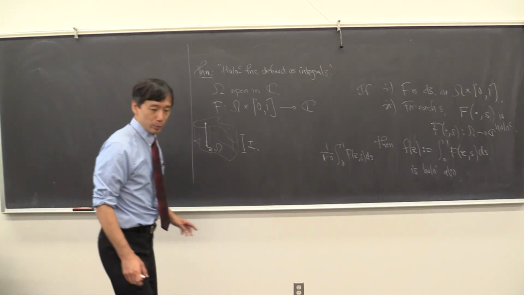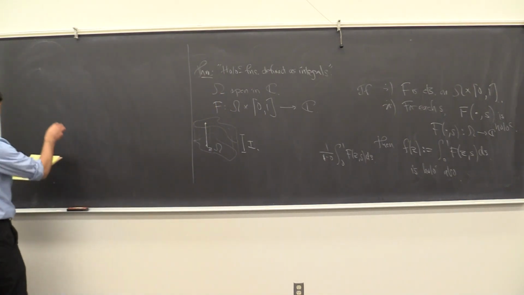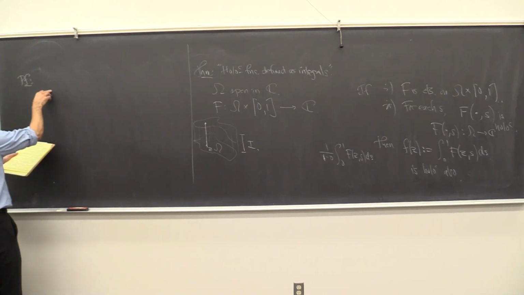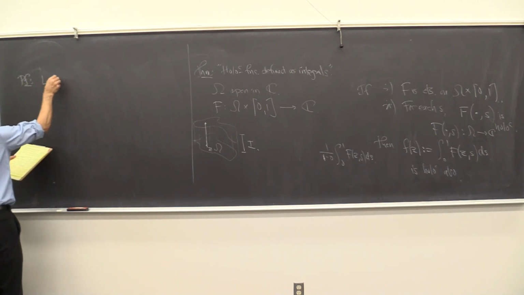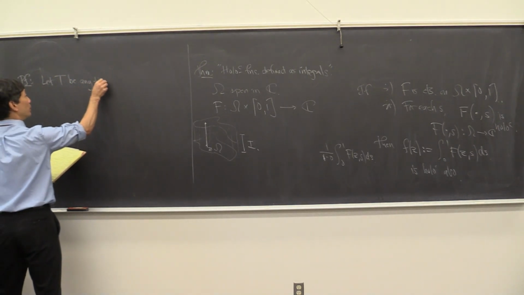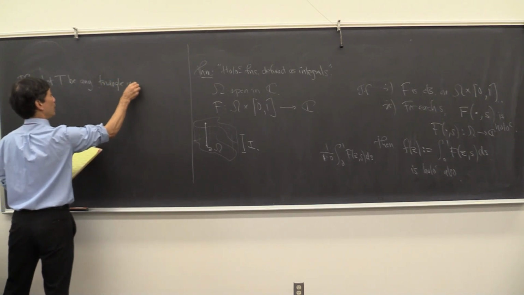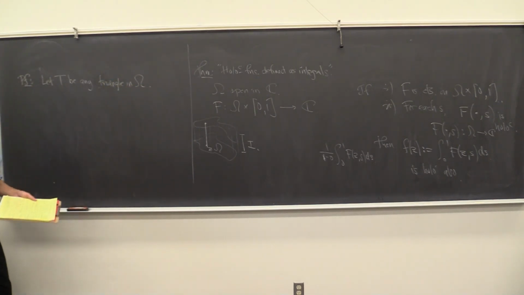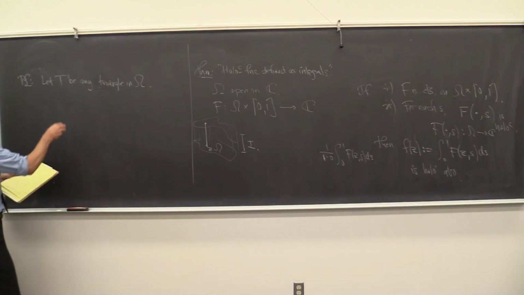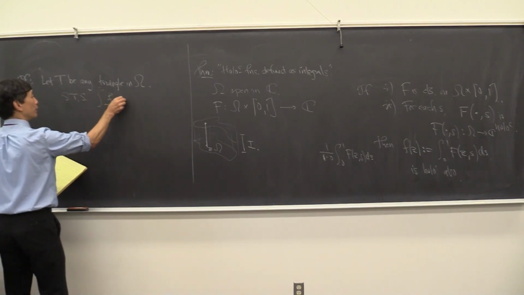Okay. So for the proof of this, Stein remarks about two possible proofs. So he says, well, let T be any triangle in omega. Then it would be good enough if we could show that the integral over every triangle is 0. So it suffices to show that the integral over every triangle is going to be 0.